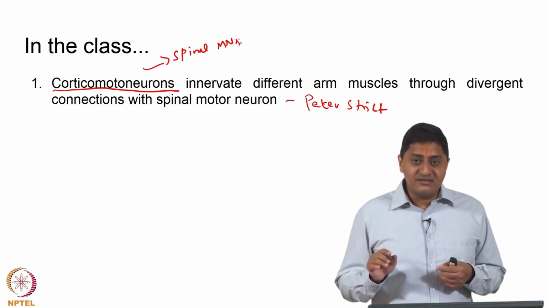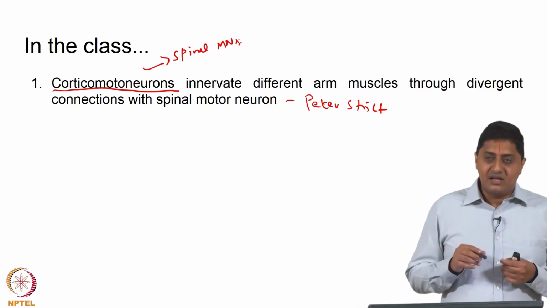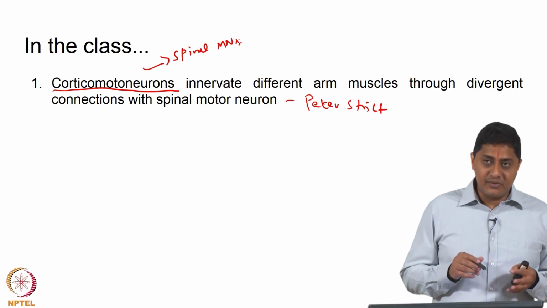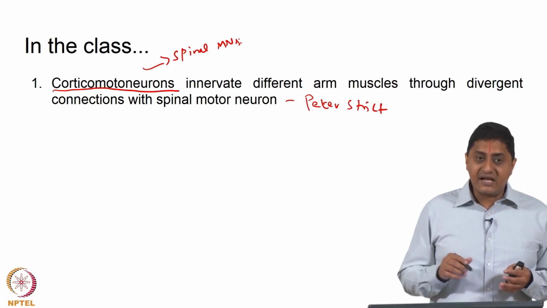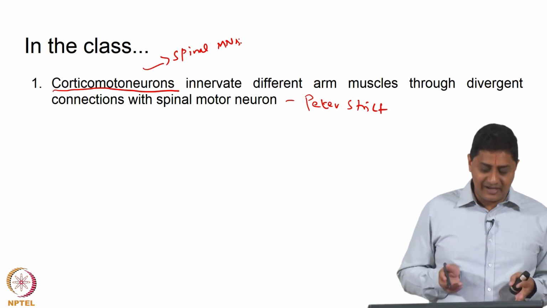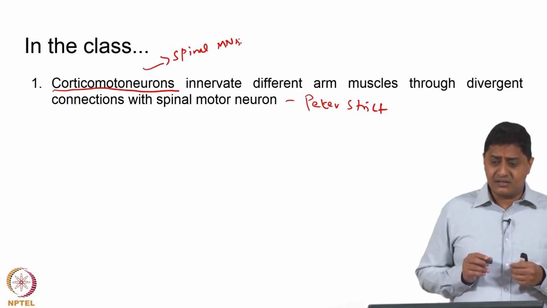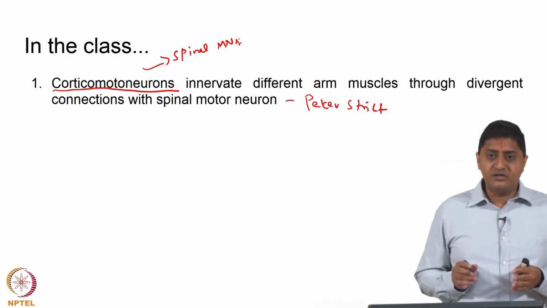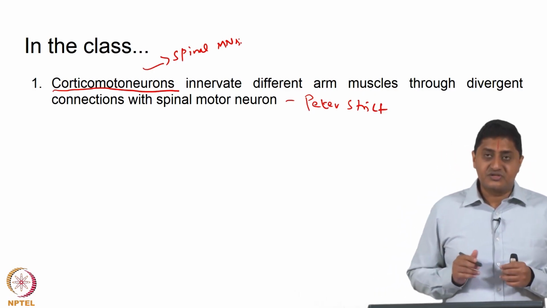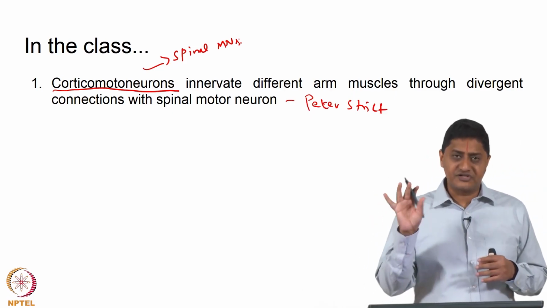In primates this number increases. In primates, for example in macaques, there is a substantial number of neurons in the primary motor cortex that project directly to the alpha motor neuronal pools in the spinal cord, right. These are especially devoted to the distal upper limb function, or in other words wrist and finger functions, right.